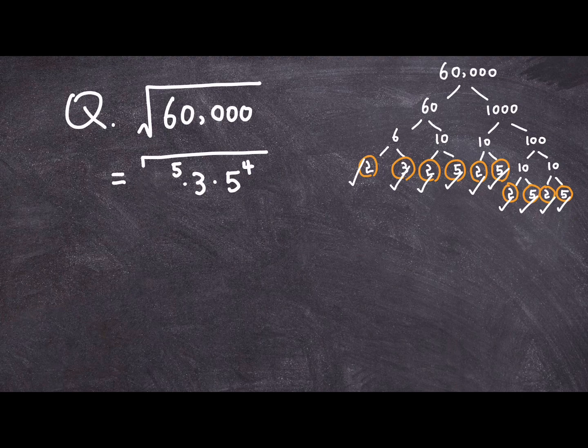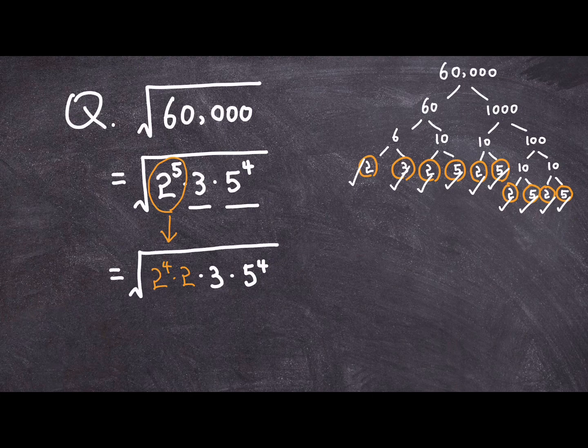So I'm going to rewrite 2 to the power of 5 into 2 to the power of 4 times 2, and write the rest as they are. Times 3 times 5 to the power of 4. And copy down the square root sign.